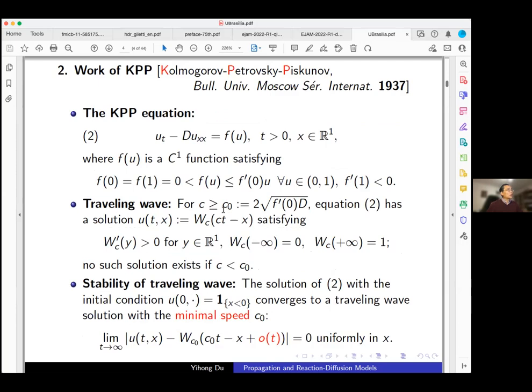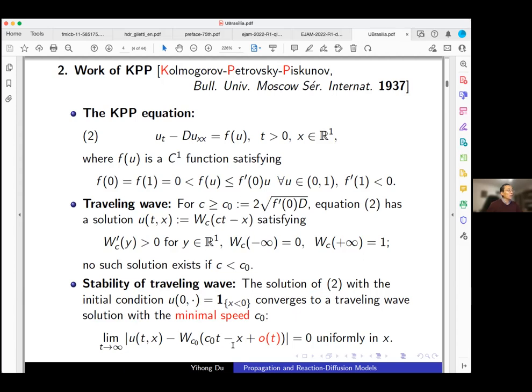And they also demonstrate that this c0, the minimal speed of a traveling wave, is special. How? If you look for the solution of equation 2 with this initial function, this characteristic function, they can prove that the unique solution with this initial condition converges to the traveling wave solution with the minimal speed c0. So W_c is the traveling wave with the speed c, but this is W_c0 in that sense.